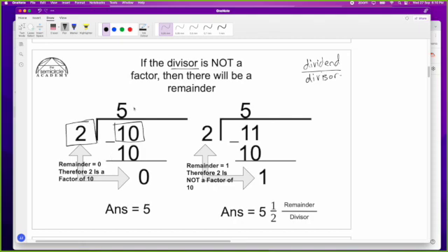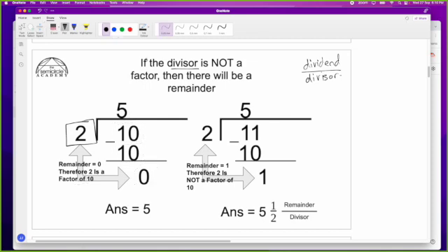And of course, 2 is a factor of 10. So we say, all right, 5 times 2 gives us the closest number, which is 10. Then 10 minus 10, and we get a remainder of 0. If we get a remainder of 0, then 2 is a factor of 10.